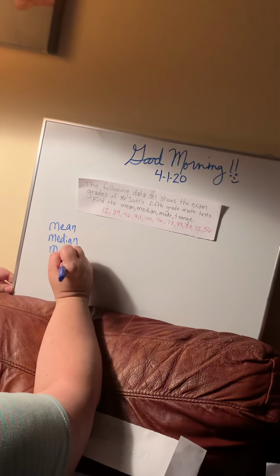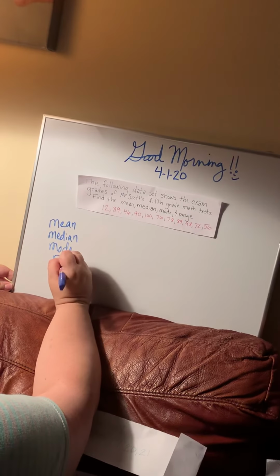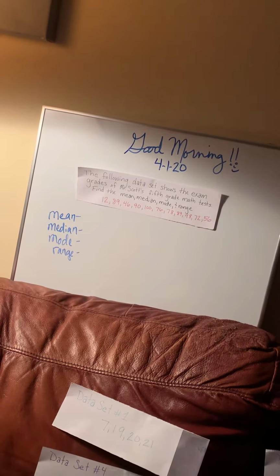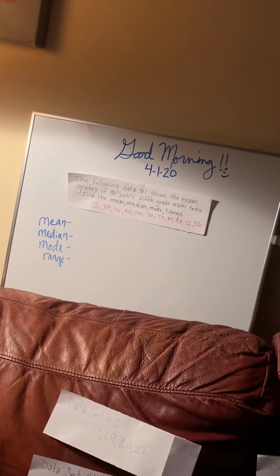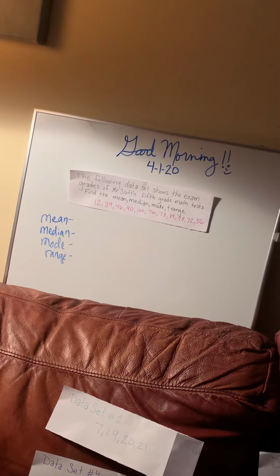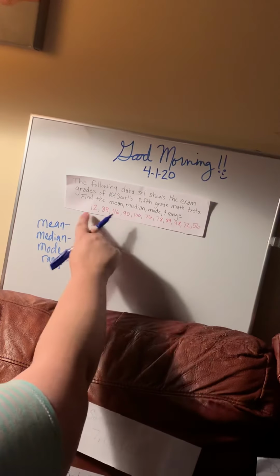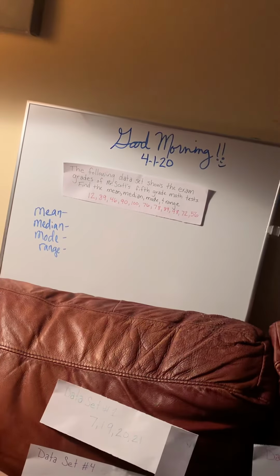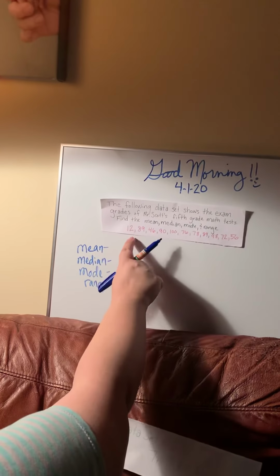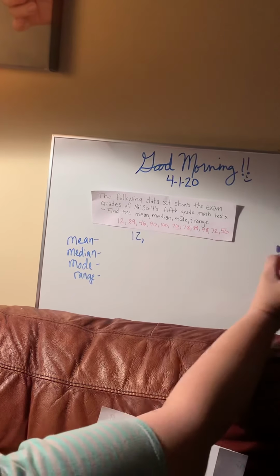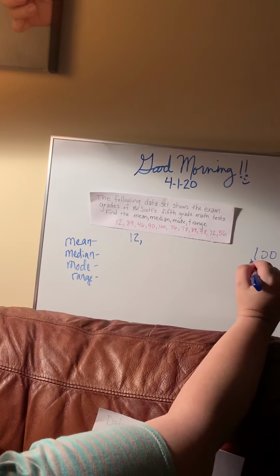Mean, median, mode, and range. Okay, now, let me point out, unlike my other data sets, this one is not in order. So the very first thing you're gonna need to do is put them in order from smallest to largest, okay? Just looking at this, I could see that 12 would be my smallest number, and it looks like 100 is my largest number, okay?